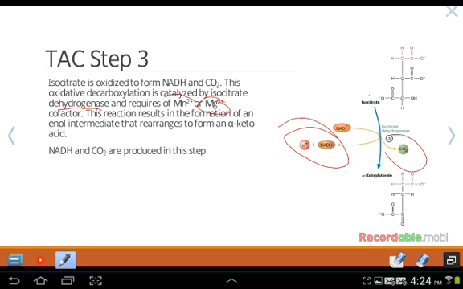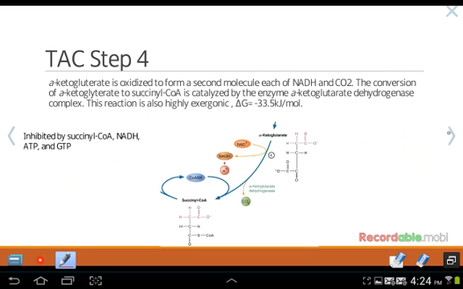This reaction results in the formation of an enol intermediate that rearranges to form an alpha-keto acid. Okay, so alpha-ketoglutarate. Again, this is where we produce one of our first NADHs and CO2s.